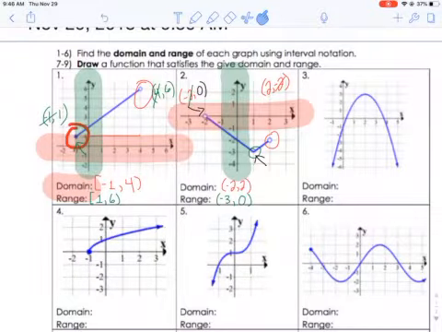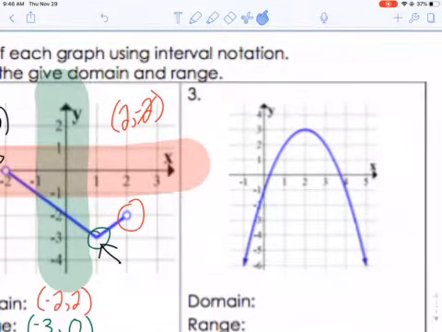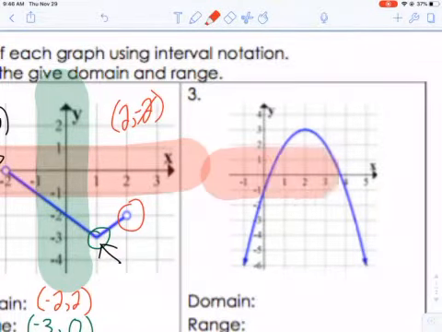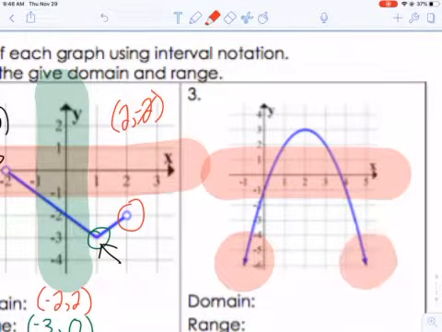Alright, so let's take a look at number 3 now. Again, no dot, so we're going to assume that there is nothing there. Let's start with our domain. It goes all the way across that x-axis. Now you'll notice we have arrows. Those arrows mean that the line goes on forever.